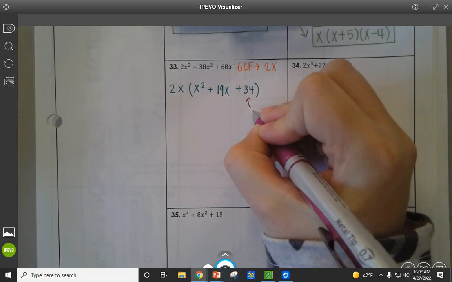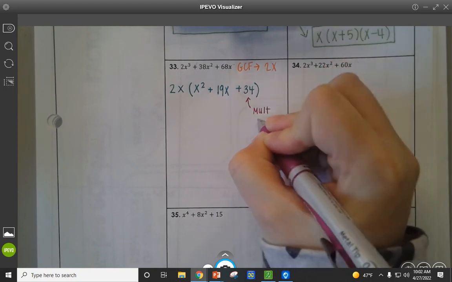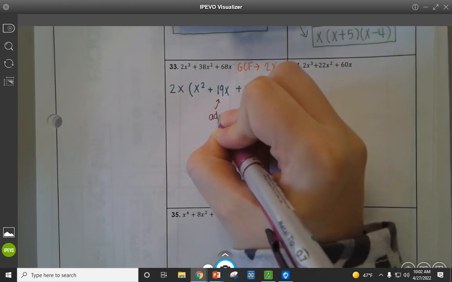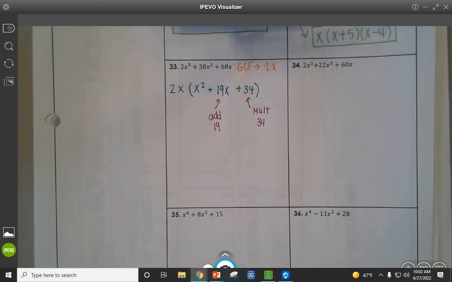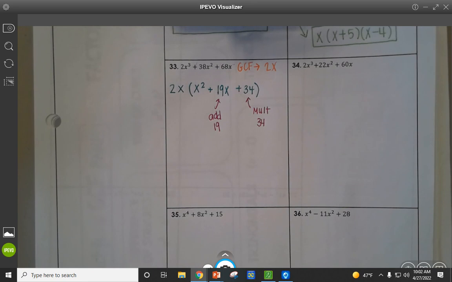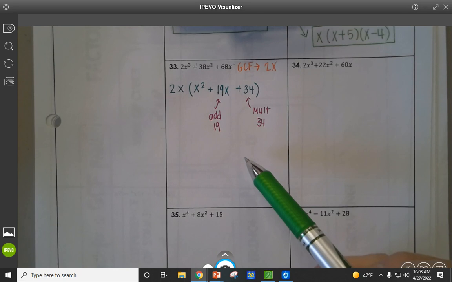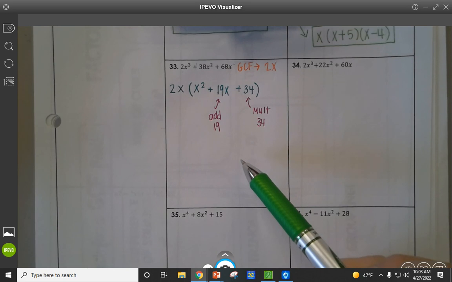So now we need two numbers that multiply to be 34 and add to be 19. See if you can figure those two numbers out. Who thinks that you have it?